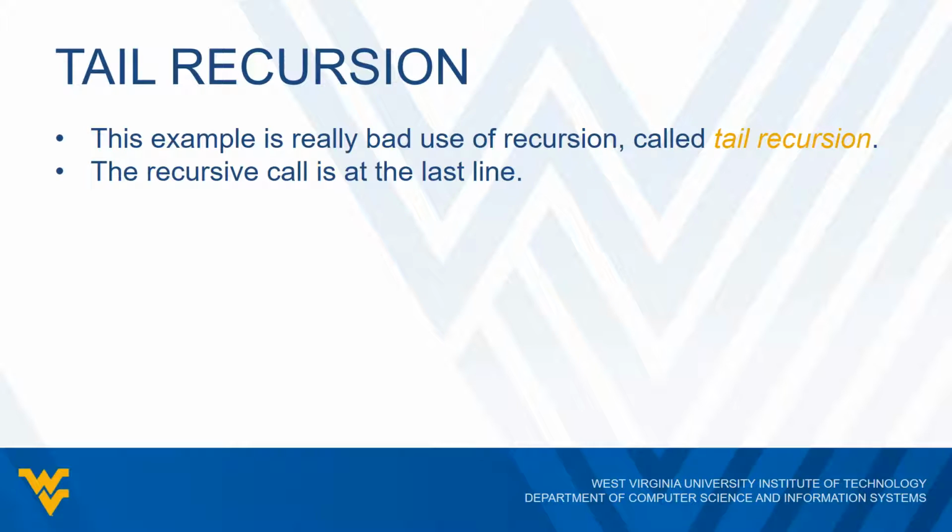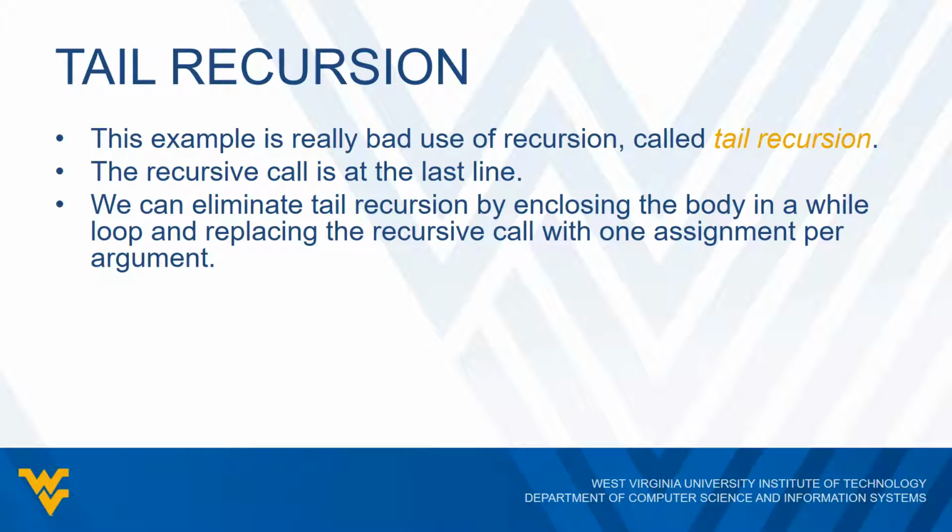The idea with tail recursion is the recursive call is done at the very end of our method. It's the last line. And the point here is it's not really necessary because we can simply eliminate the recursion altogether by using a while loop. We'll talk about this later on, where we can use either while loops or use recursion for solving problems. But for tail recursion, we can just create a while loop, and instead of having the recursive call, we just have the particular assignment per method argument.